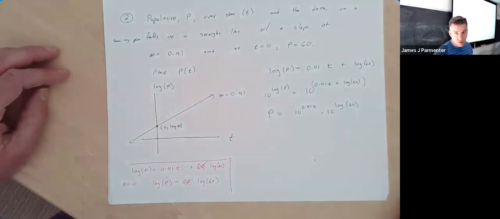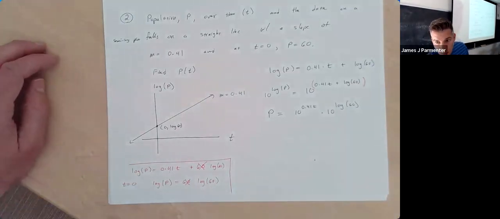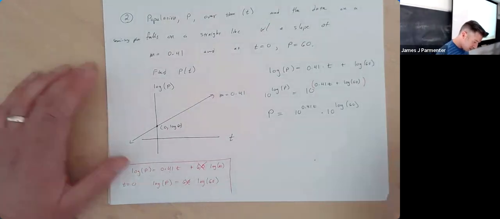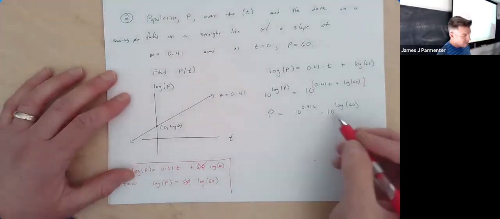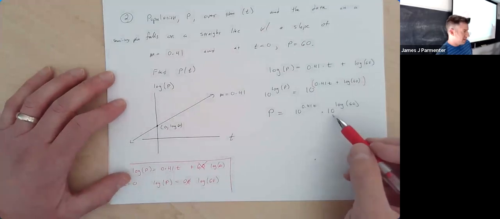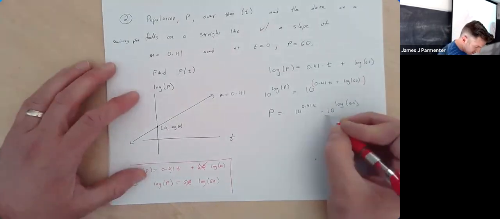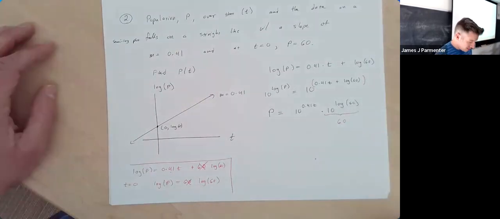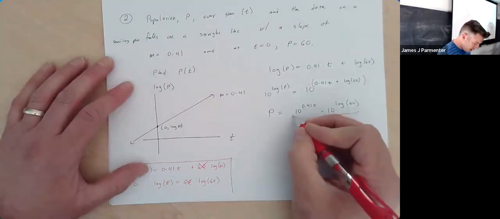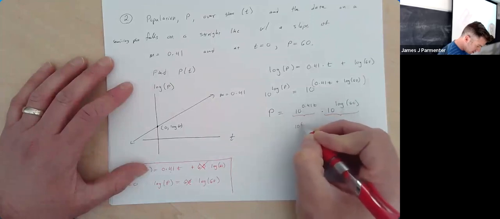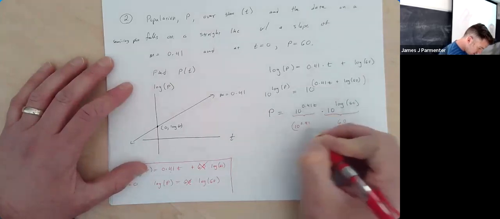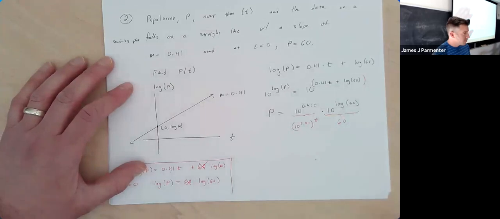Couple things people usually do here. Typically, a lot of times this is not very nice. Sometimes it's like 10 to the 5 or 10 to the 5.37. But if it's 10 to the log of 60, that's just 60. And here, we usually rewrite this as 10 to the 0.41 all to the tth power.